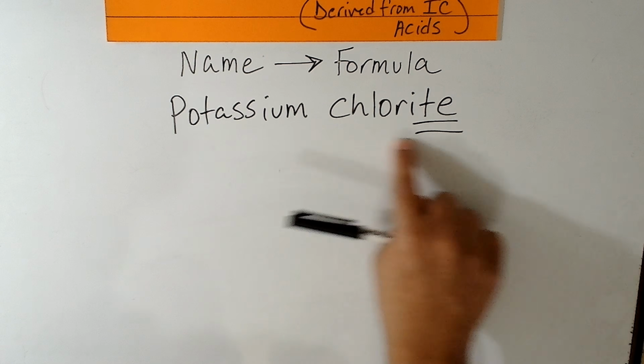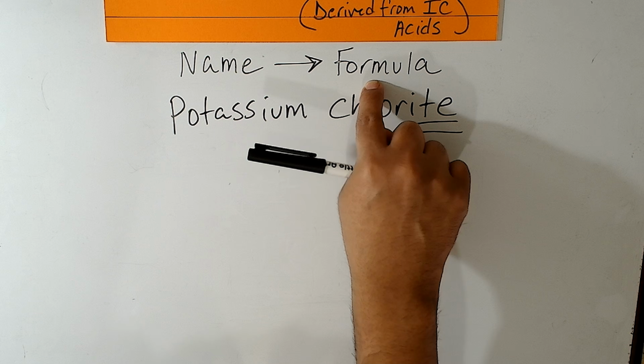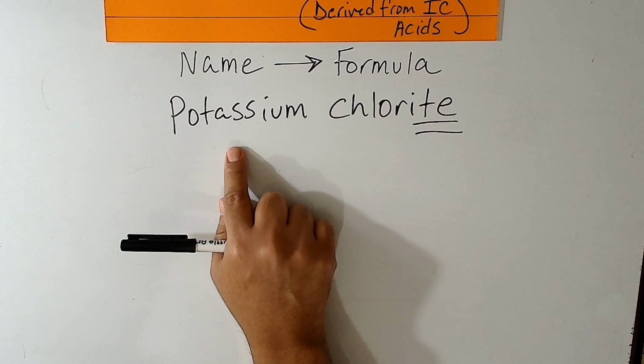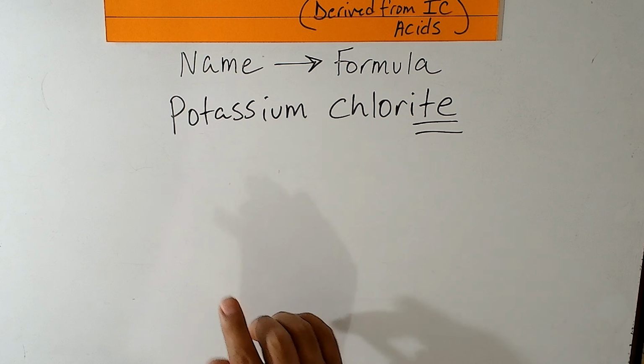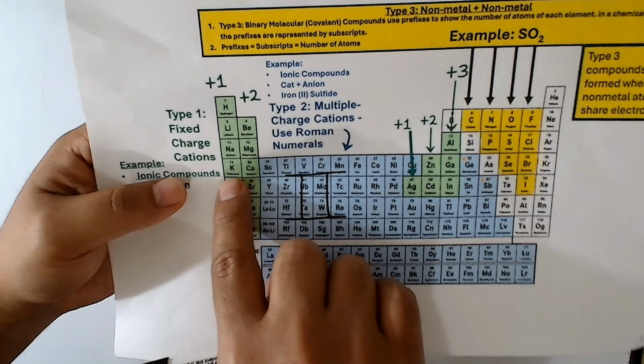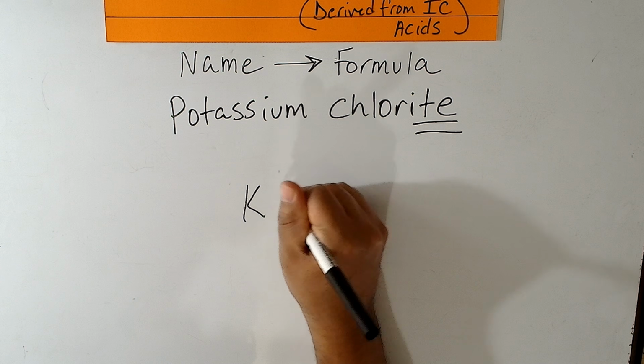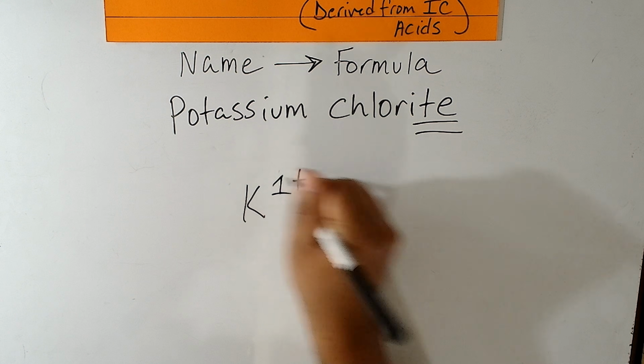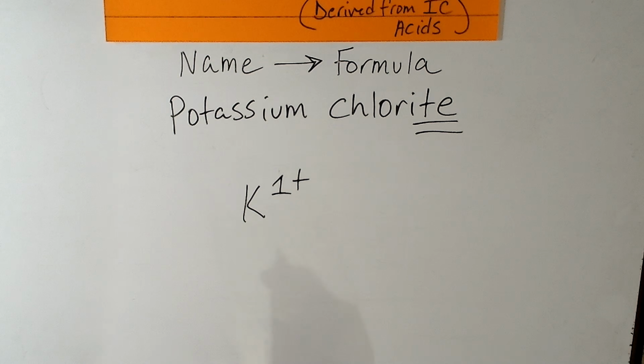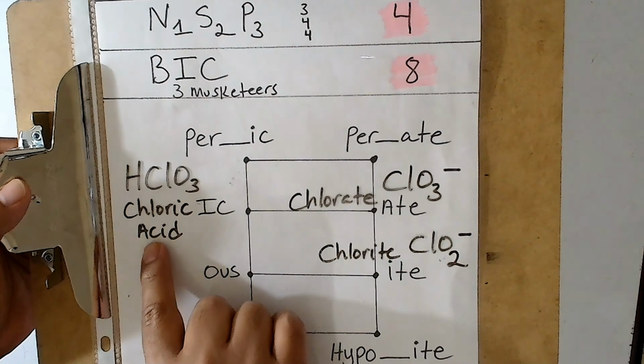Okay, so we now have potassium chlorite and we need to find its chemical formula. The first step is to write the chemical symbols and their charges. I have potassium. Potassium is found in column 1 and it has a +1 charge. Chlorite derives from chloric acid.